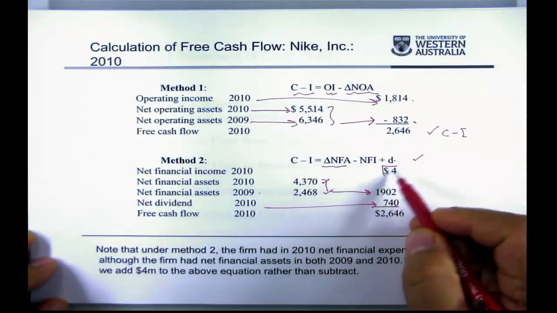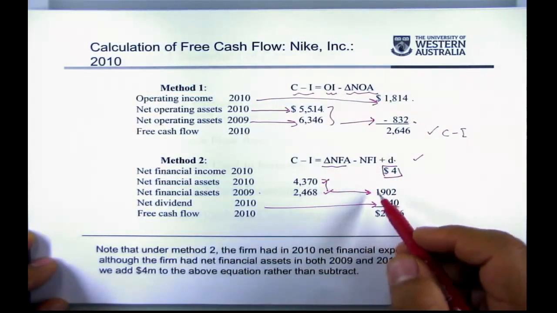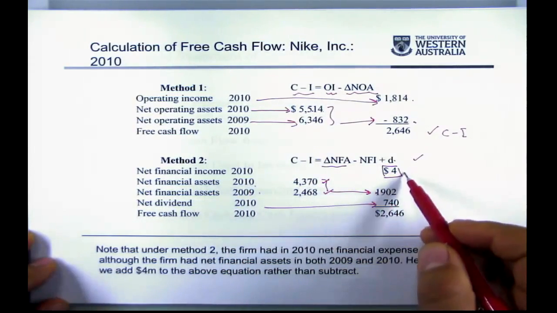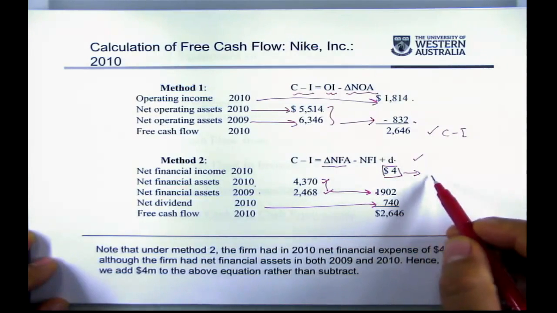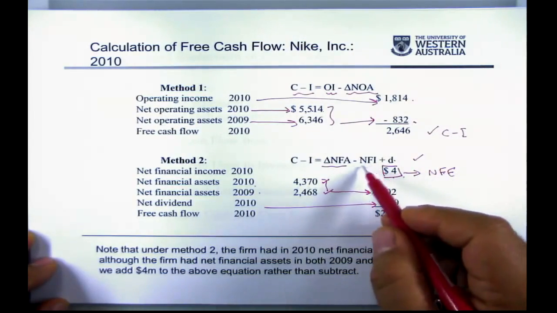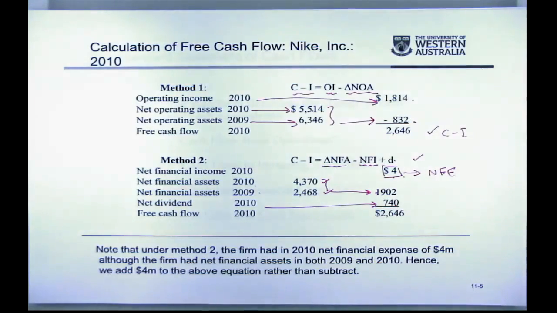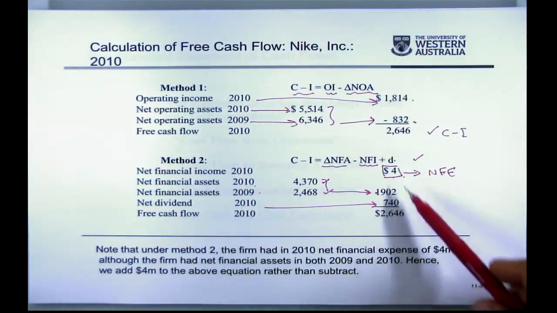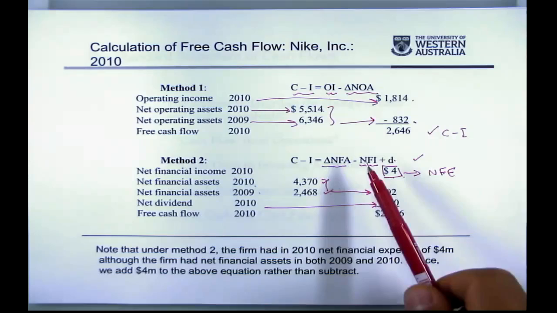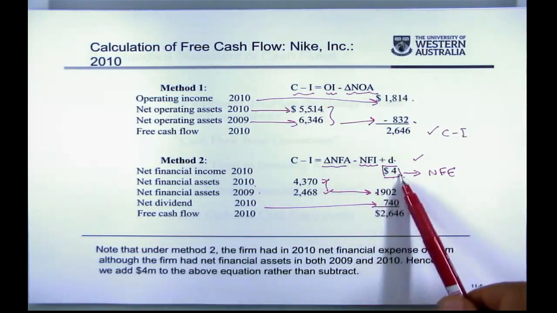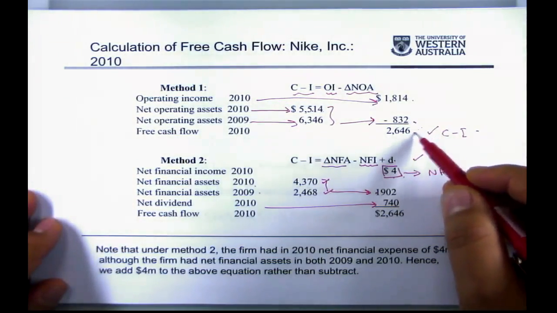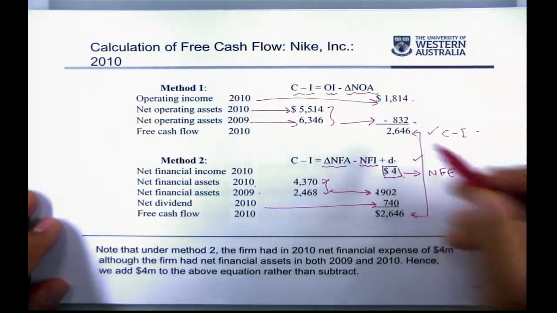Note that in this year, although the firm in 2010 had net financial assets, nevertheless the firm ended up paying net financial expense, rather than net financial income. So in this case, we add the expense rather than subtract it. If this one was an income, we subtract it because this is what the equation says. Because it is an expense, we add it. Okay? As you can see, we got the same answer here. Right?